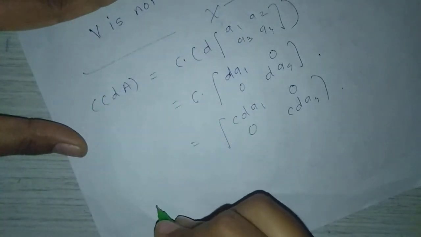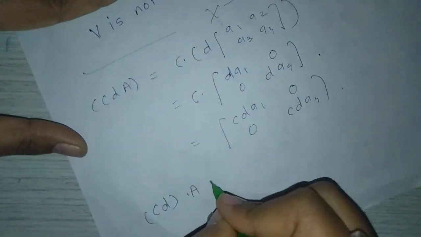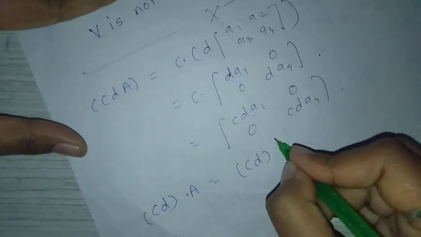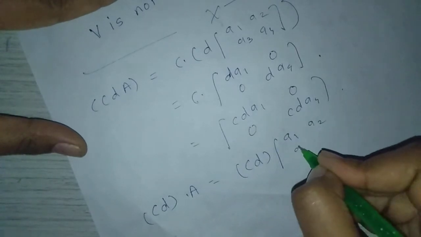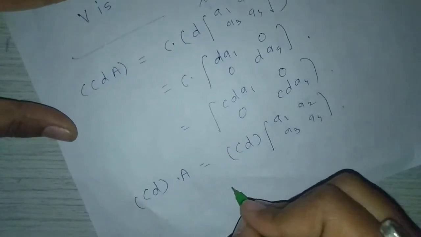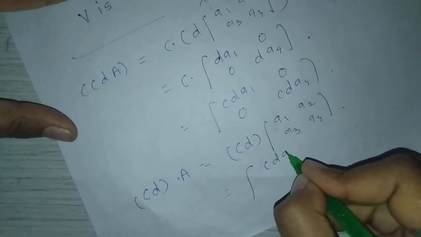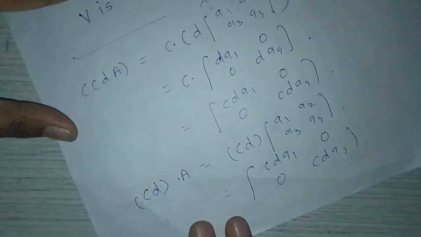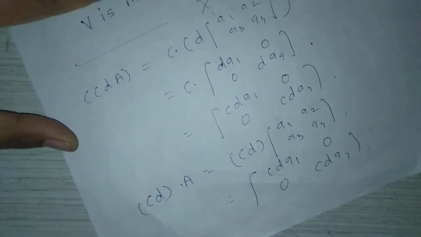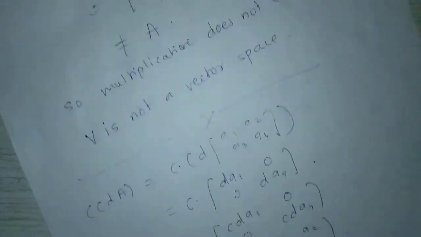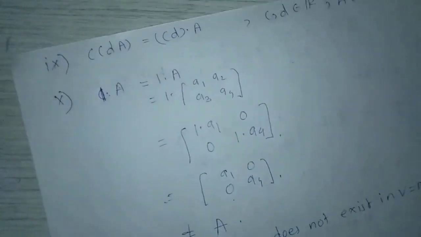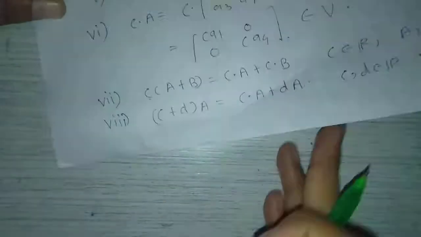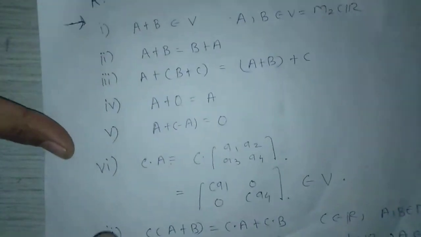And this must be equal to C into D into A, equal to C into D, A is A1, A2, A3, A4. Multiplication is defined like this: C into D into A1, 0, 0, C into D into A4. Means this and this are equal. So associativity property under multiplication is satisfied for V. Similarly, you can show the distributive axioms.